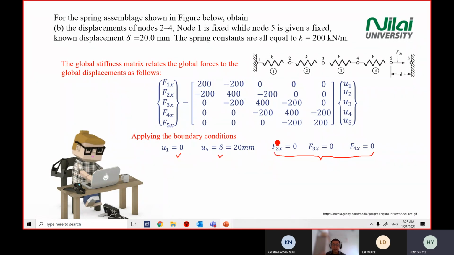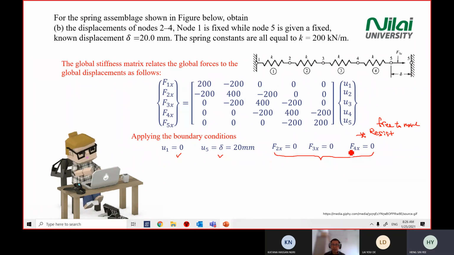Okay, the main point is that we put 0 because there's no resistant force at points 2, 3, 4. Yeah. Again, the reason why we put 0 is because there's no resistant force. It's free to move. If the point is free to move, then you have 0, 0, 0 here.